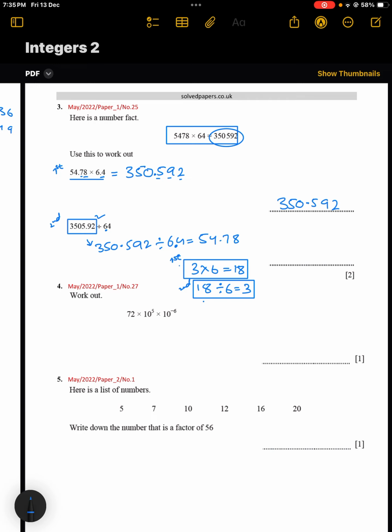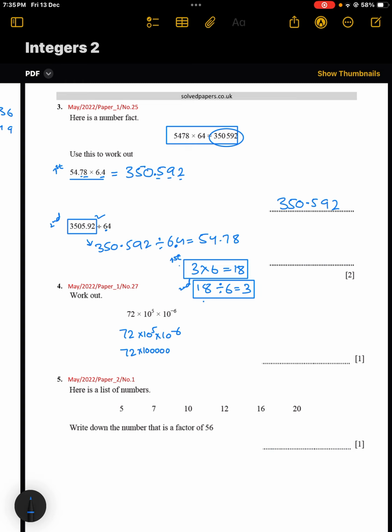Moving to question number 4. Question number 4 is 72 times 10 to power 5 times 10 to power minus 6. 72, we will open this. 72 times 5 zeros. 1, 2, 3, 4, 5.